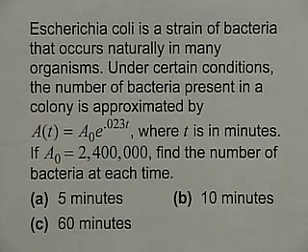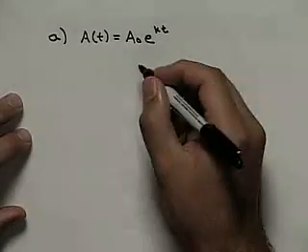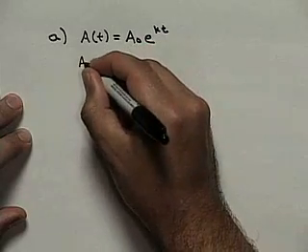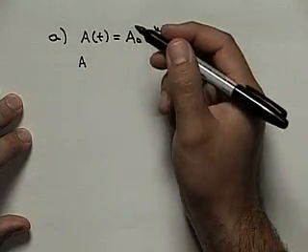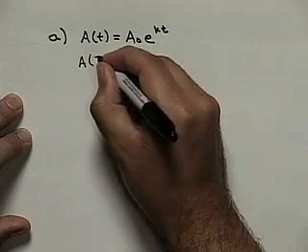then find the number of bacteria at each time. The first example, 5 minutes. Second example, 10 minutes. Third example, 60 minutes. So we'll get our exponential growth function out. And using that, we know that A of t, in the first example, we're looking for time when time is 5, so that's really A of 5.